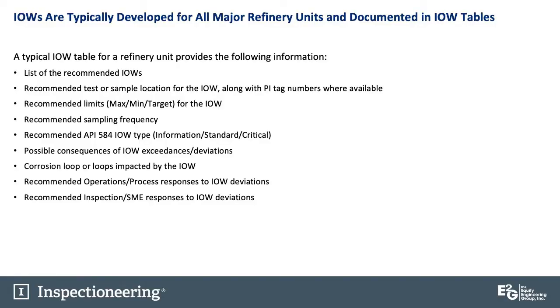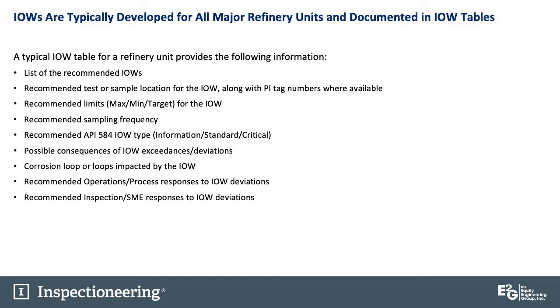Okay, so IOWs are typically developed when refineries begin an IOW project. They will develop IOWs for all the major units in the refinery. And it's typical to document these IOWs in tables that are easy to read and provide a good source of knowledge for lots of people in the plant: the operations folks, process engineers, inspectors, and corrosion engineers.